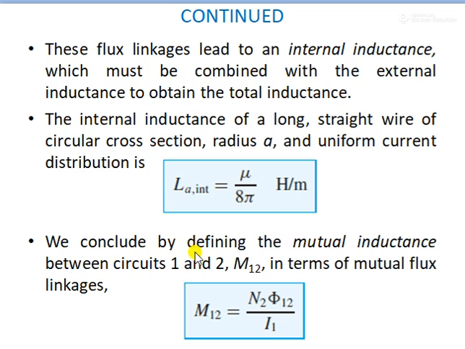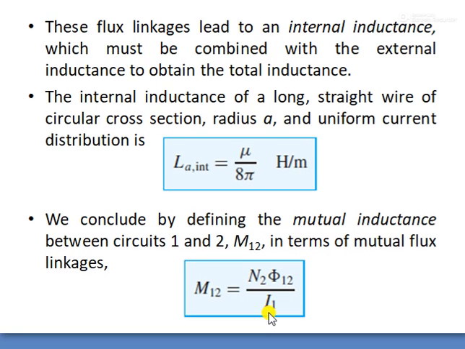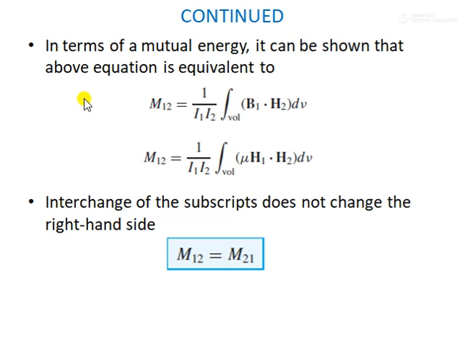Now we conclude by defining the mutual inductance between circuit 1 and 2, M12, in terms of mutual flux linkage, that is N2 phi12 by I1. In terms of mutual energy, it can be shown that the above equation is equivalent to M12 equal to 1 by I1 I2, integration over volume of B1 dot H2 dV, that is, M12 equal to 1 by I1 I2, integration over volume of mu H1 dot H2 dV.